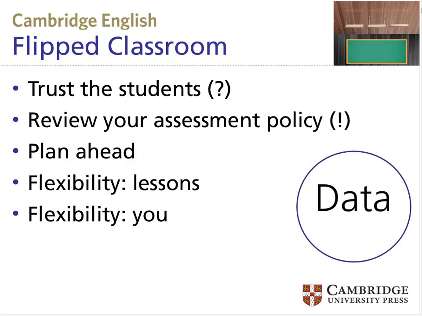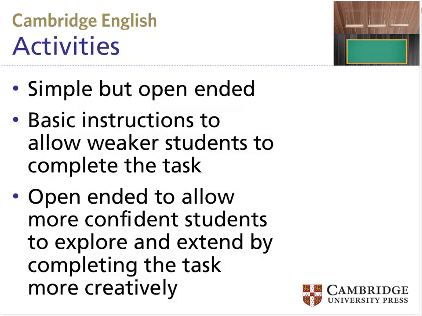So what you need to do is plan your activities such that they're communicative. So we want to get maximum communication, but the activities are simple but open-ended, that the instructions are basic enough to allow weaker students to complete the task, but they're open-ended so that confident students can explore and extend and be more creative in the way that they complete the task.